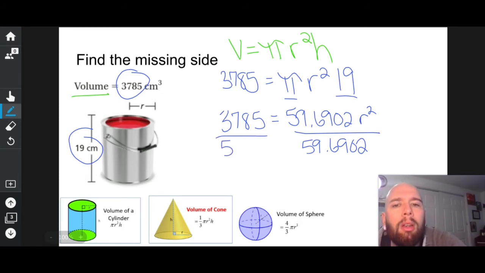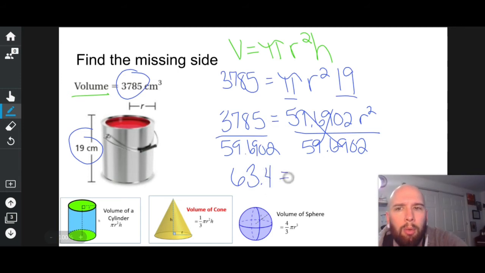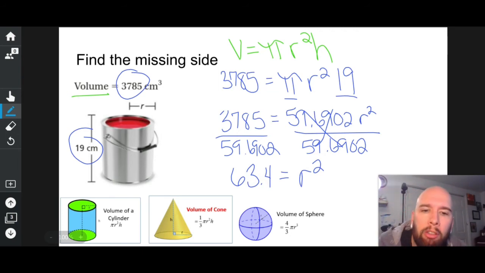All right, so what I did is I divided both sides by 59.6902. That gave me 63.4 equals r squared. Is r all by itself? No! R squared equals 63.4.